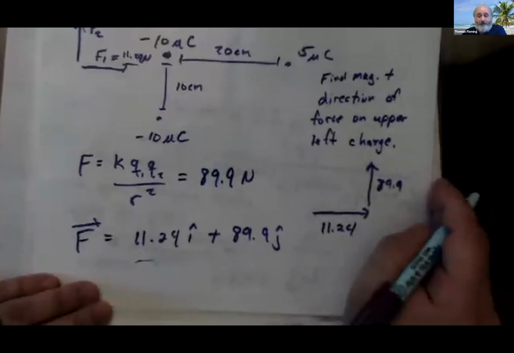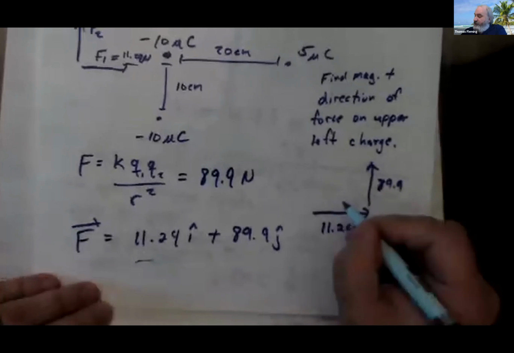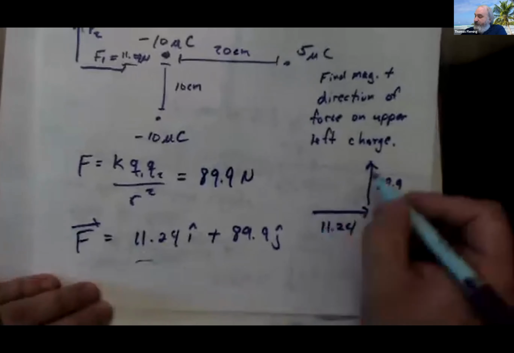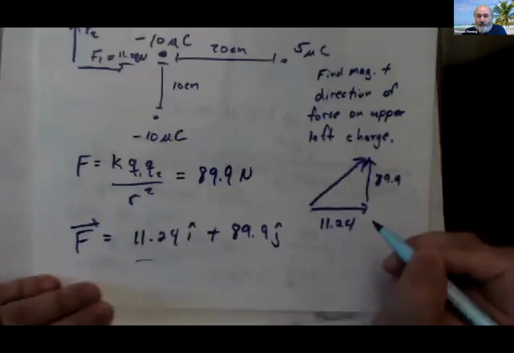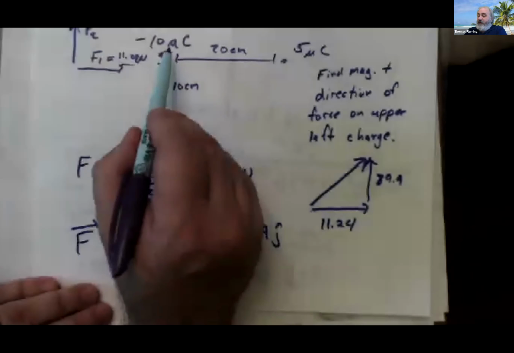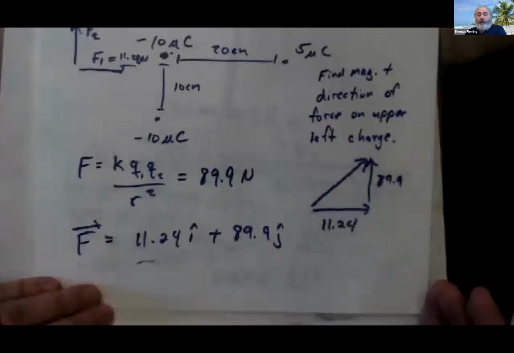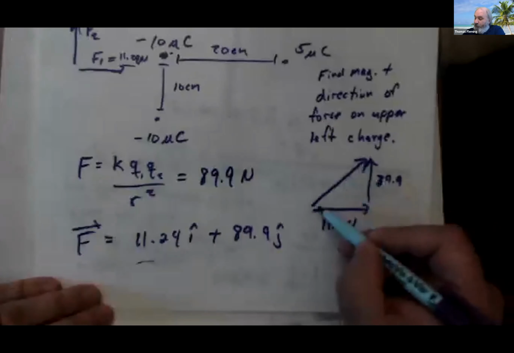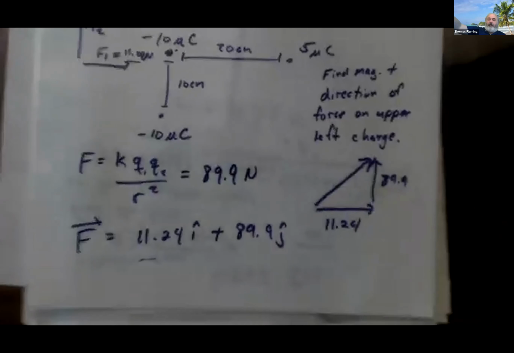The total magnitude is the vector that goes from the tail of the first to the tip of the last. So this diagonal vector is my final answer. In other words, this guy here is being pushed up and to the right. How much force is he being pushed with? This much force. But that means I need to figure out how long that vector is.